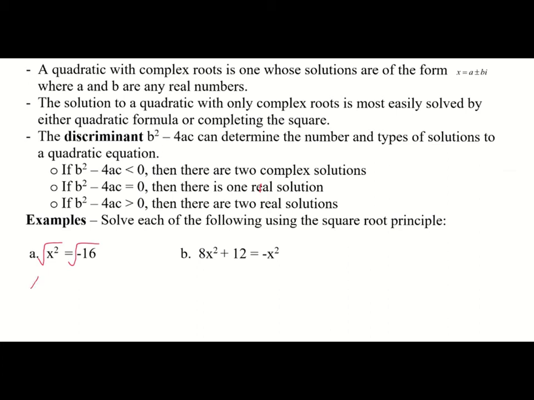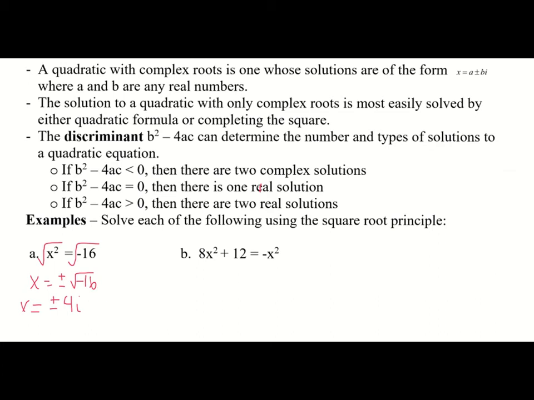So we get x is equal to, right now it is the positive or negative square root of negative 16. But I know I can simplify that, 16 is a perfect square, and then you can pull out that i. So positive or negative 4i.